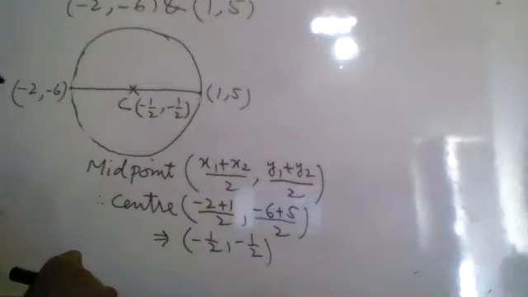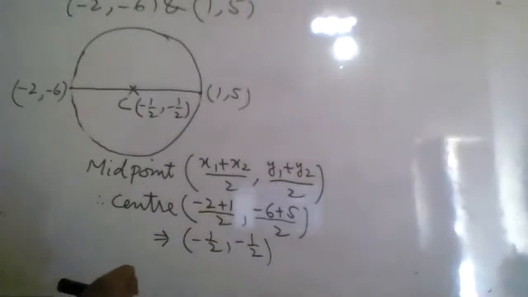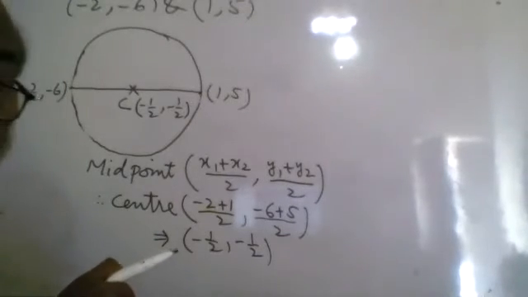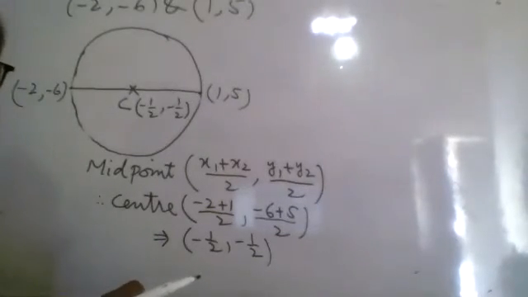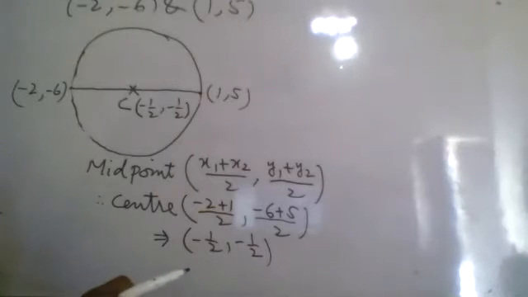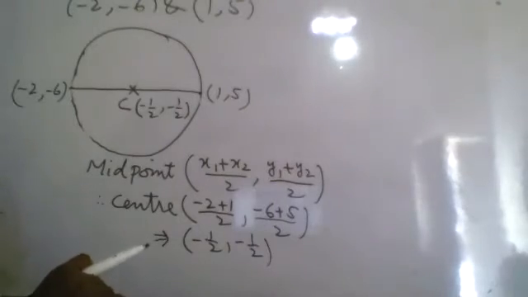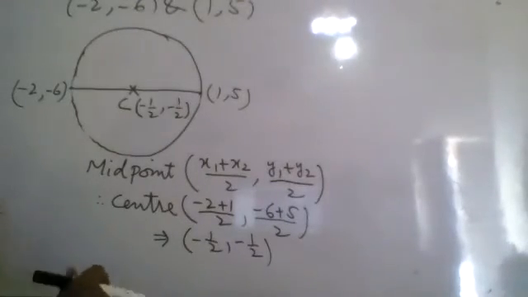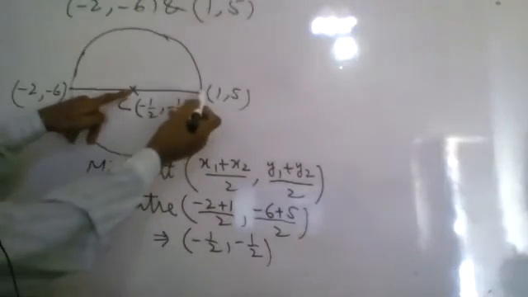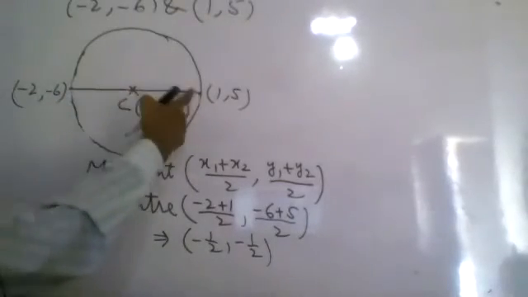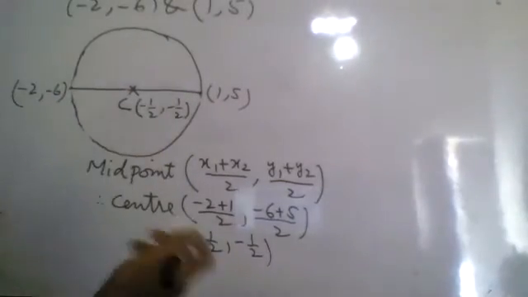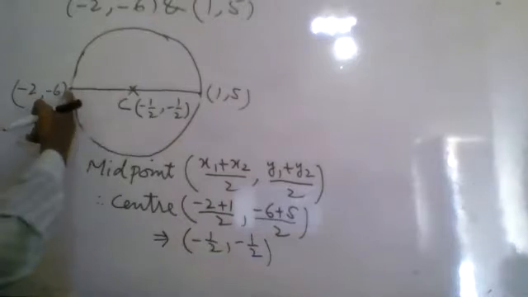Now we will find the radius. Radius can be found by two methods. Either we find the distance from the center to this point, as we have already found, or from the center to this point, that will be the radius.